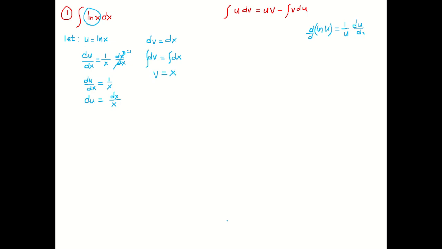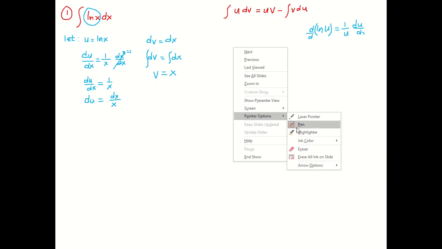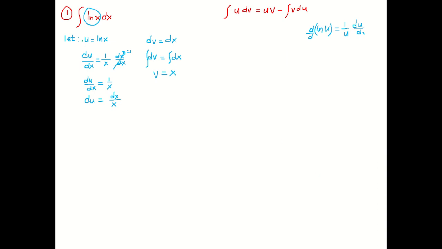So the technique here, class, is something like this. I will rewrite it here to summarize. We let u equal to ln x.